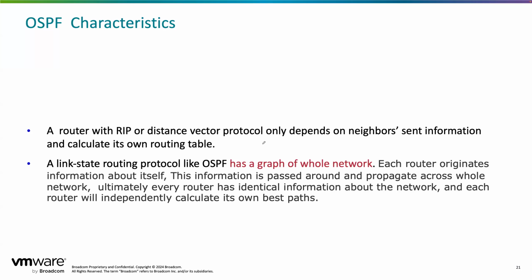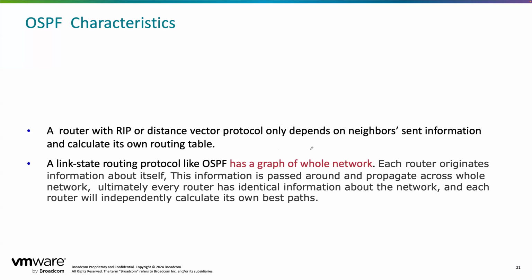In terms of a distance vector protocol, it's also called routing by rumor. That means that, for example, a router that is enabled with RIP just listens to the rumor, adds one hop based on the rumor, and sends it out.